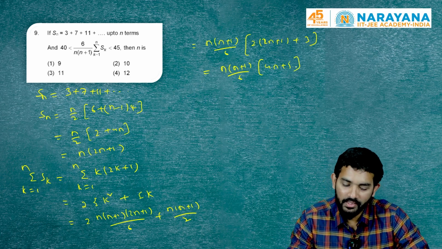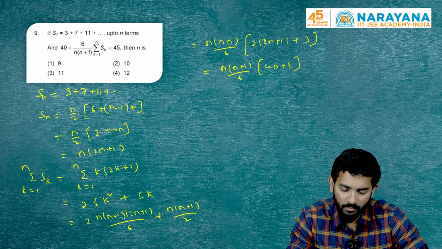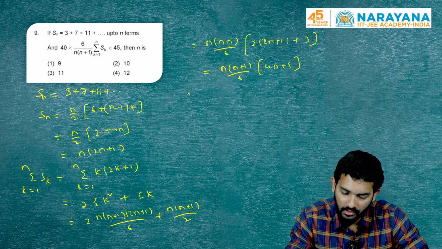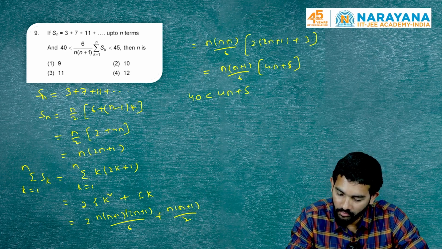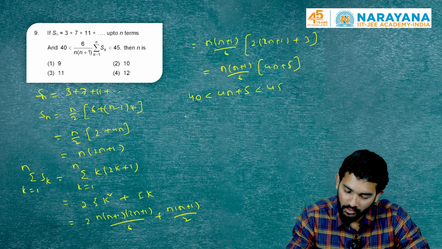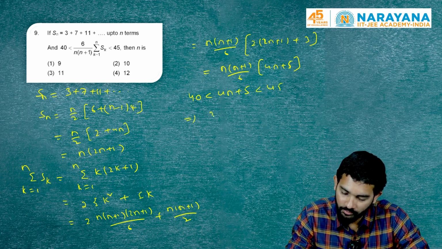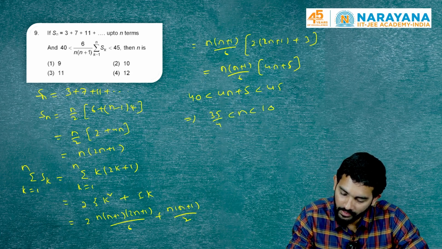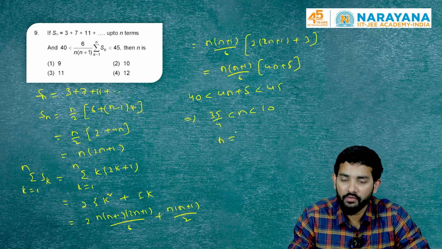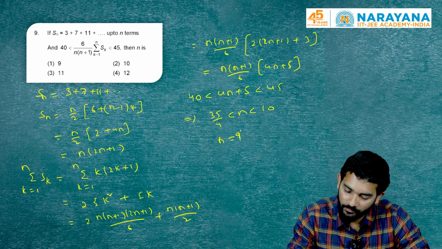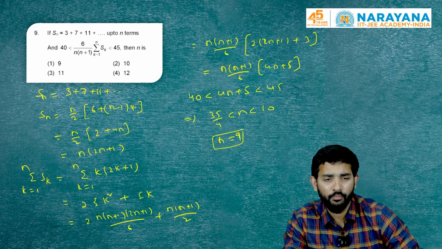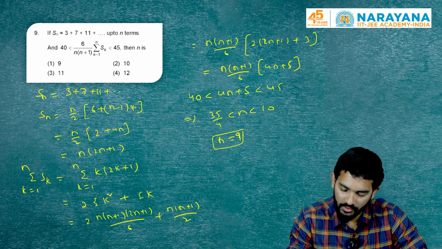Now if you multiply this with 6 times 1 by n into n plus 1, this will cancel. So I'll get 40 less than 4n plus 5 less than 45, which implies n lies between 35 by 4 to 10. So the only integer between 35 by 4 and 10 is 9, because 35 by 4 is 8 point something. So 9 is the only integer between them.